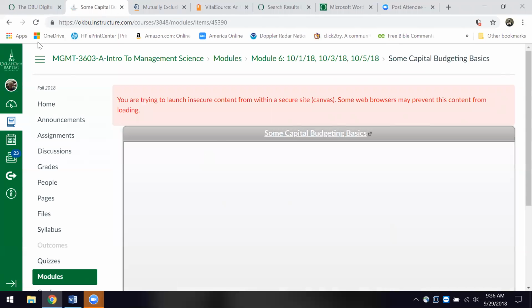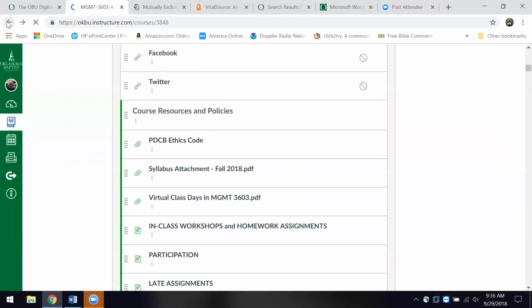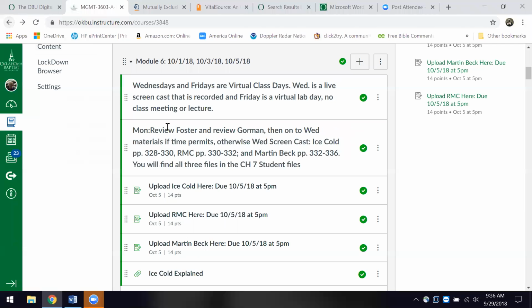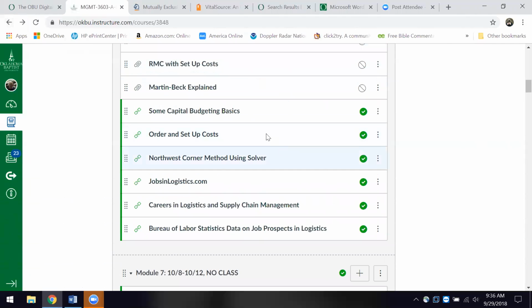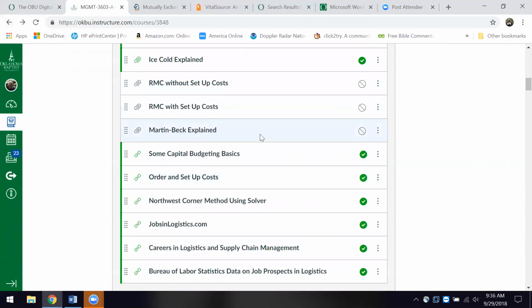I would encourage you to take a look at it, and it will refresh your memory in terms of capital budgeting, the basics, and the types of decisions we make. And typically we are involved in capital rationing.